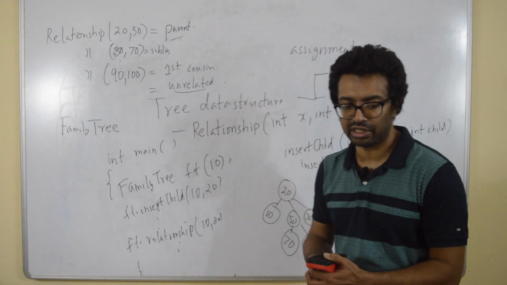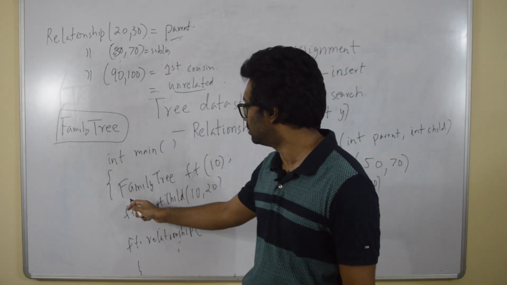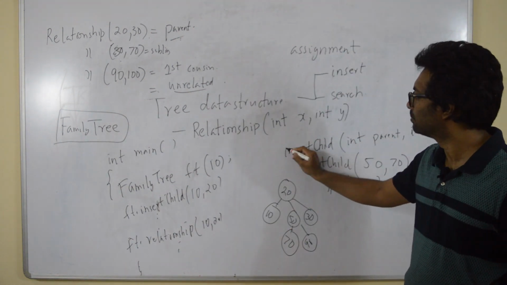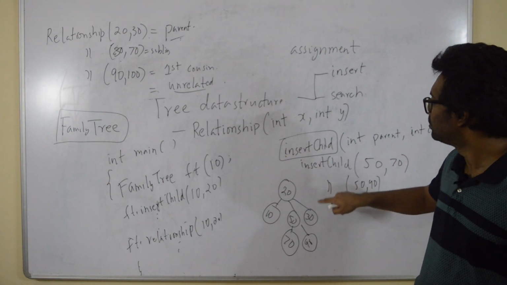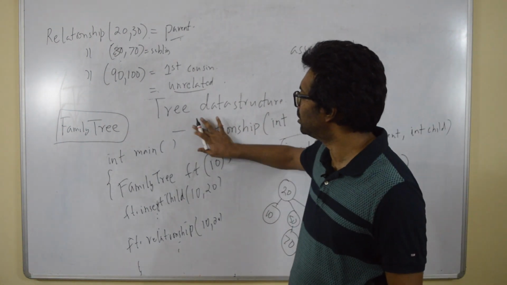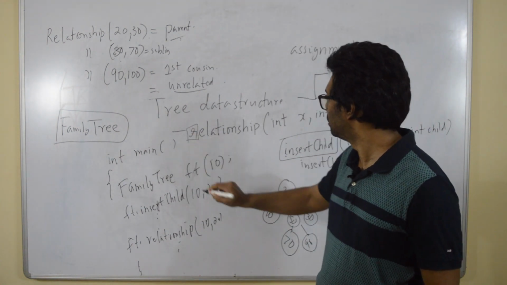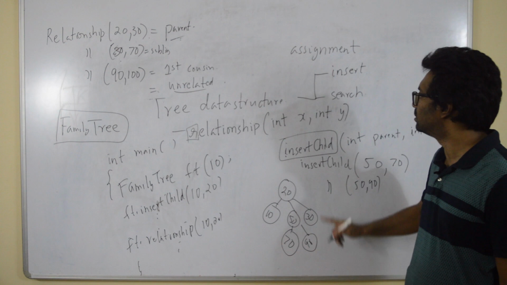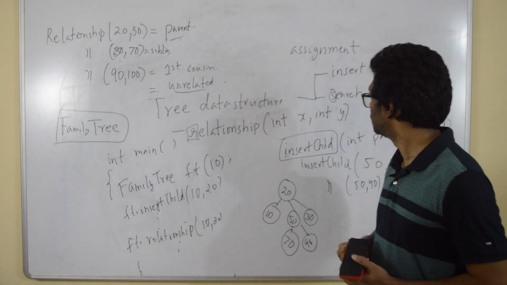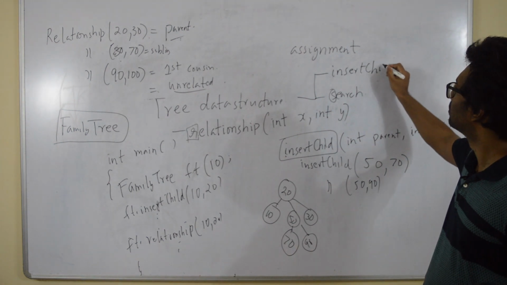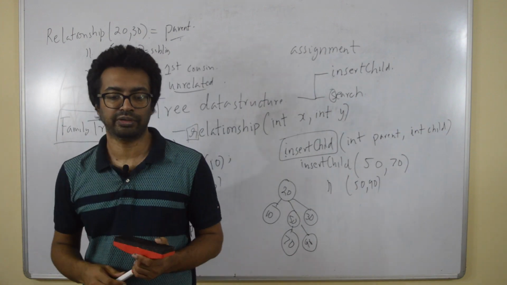So ensure that it's called family tree, and this is called insert child: small i, capital C. Relationship is small r, and search is small s. These are the functions, and this is how your class is going to be. Thank you.